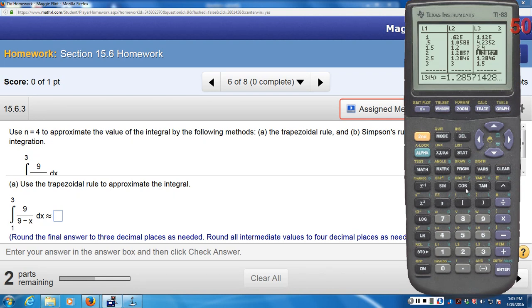Third one's going to be multiplied by 4. Next one's going to be multiplied by 2. And you leave the last one alone. You can also, if you don't want to remember having to go to the list, you can also just go to second 0 to the catalog and scroll down till you see sum.